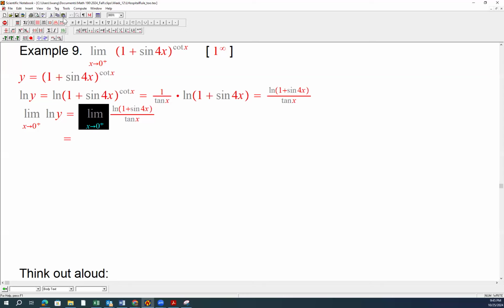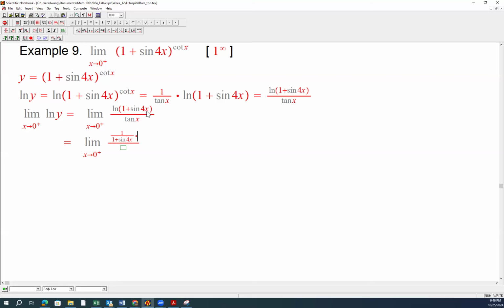Now, applying L'Hopital's rule, we're going to take the derivative of the top, using the chain rule. First is 1 over 1 plus sine of 4x. Then we differentiate 1 plus sine 4x. The derivative of 1 is 0.